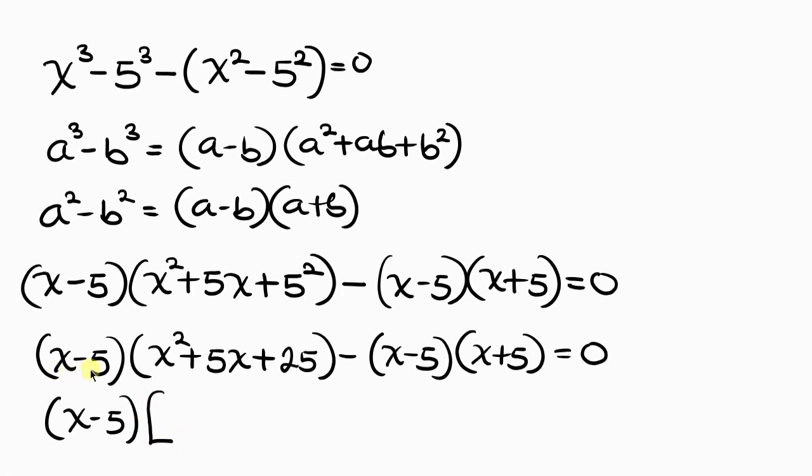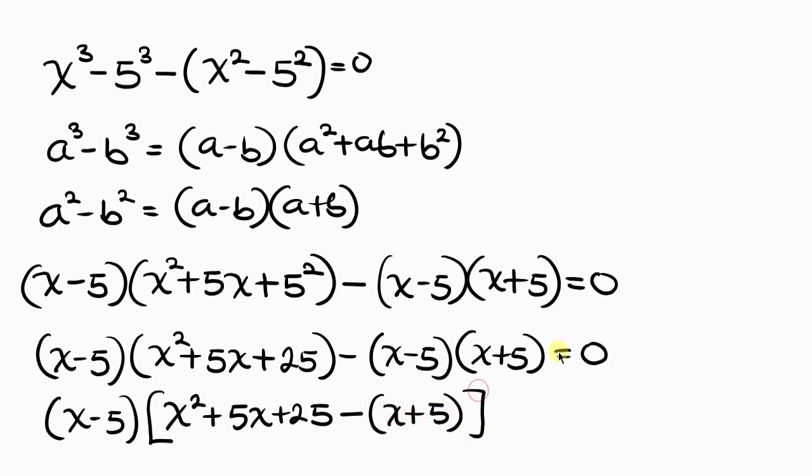So x minus 5 times x squared plus 5x plus 25 divided by x minus 5, I'm going to have x squared plus 5x plus 25, and then minus x minus 5 times x plus 5 divided by x minus 5, I'm going to have x plus 5. So this is x plus 5. Very good. And this is equal to 0.